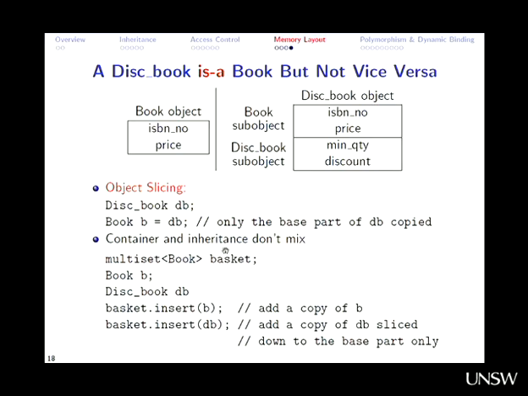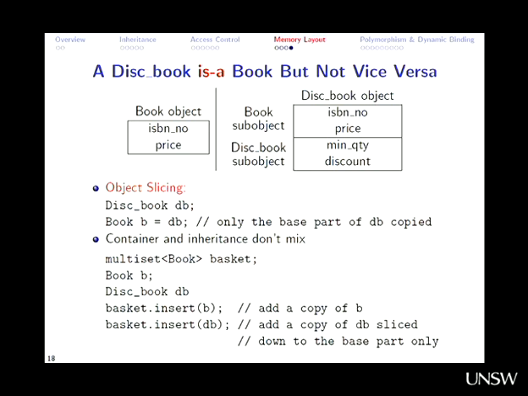Also, containers and inheritance don't mix. Okay, if I create a multi-set, so it's a container of books and they're in a basket. If I create book B and also discounted book DB, and I insert book B, that's fine. It inserts a copy of B, because when we insert into a container, it copies. When I insert discounted book, it copies in.